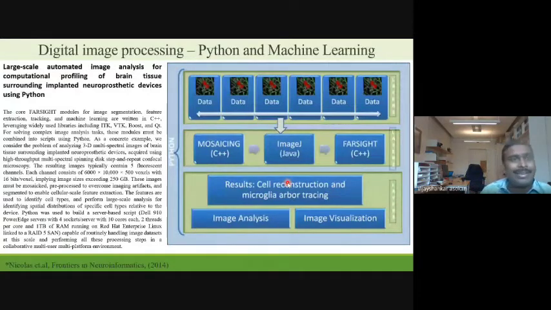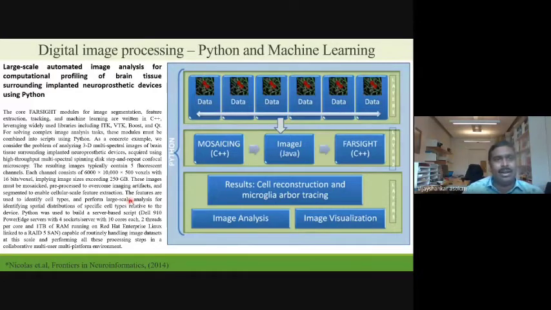So this is another example from digital image processing, which combines Python and machine learning, and also uses mosaicing from C++, ImageJ from Java, and Forsight from C++. So these cells are reconstructed, and the image analysis and image visualization can be further done by deep learning techniques.